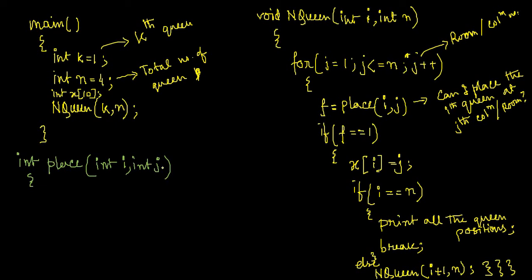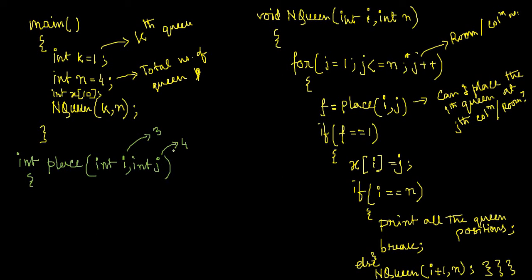Then only I can place, right? So what is the purpose of this function? I want to see whether I can place the ith queen in the jth column or not. For example, assume that i is equal to 3 and j is equal to, say, 4. So you want to check whether the third queen can be placed in the fourth column or not.